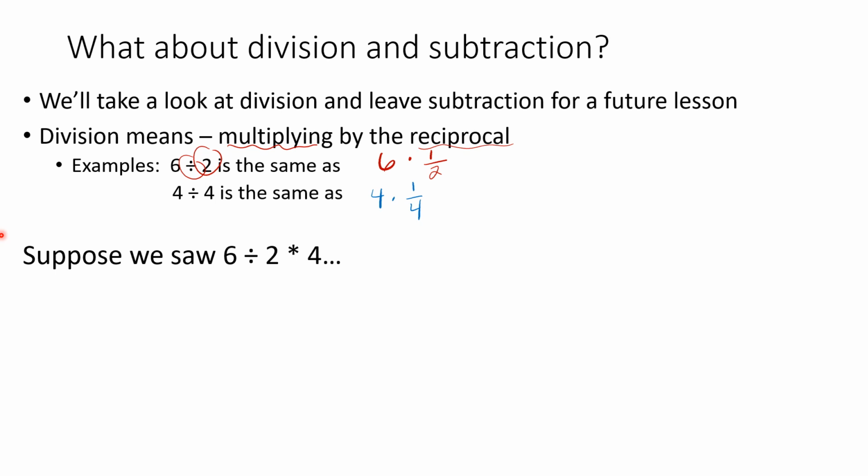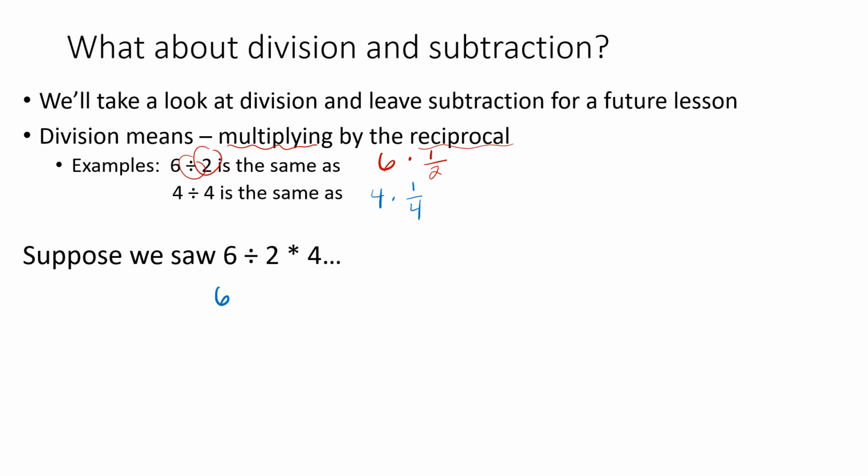In elementary school and middle school, sometimes teachers will use a little acronym, which is, I think, keep, change, flip, which makes me very uncomfortable because, again, a lot of times students do not understand what that is a little mnemonic device for. It's a reminder of what division is. So if we saw 6 divided by 2 times 4, okay?